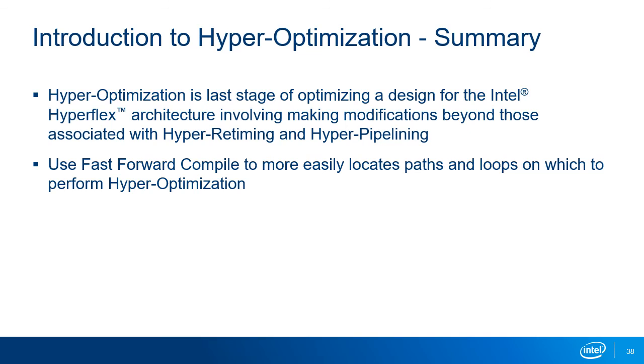You also learned that most of hyper-optimization involves reducing the impact of loops on retiming. To aid in the process of implementing a hyper-optimization solution, you learned to use Fast Forward Compile as it can point you directly to the paths in your design that require this improvement.